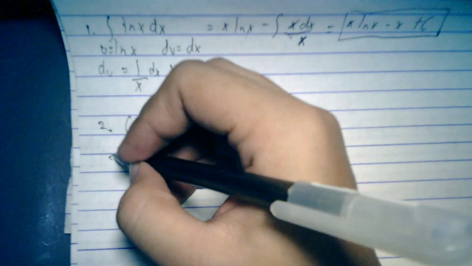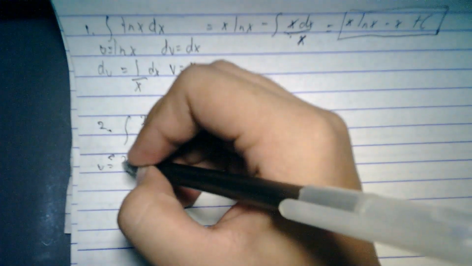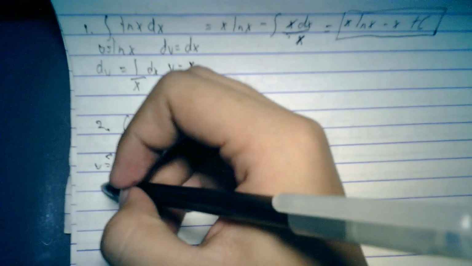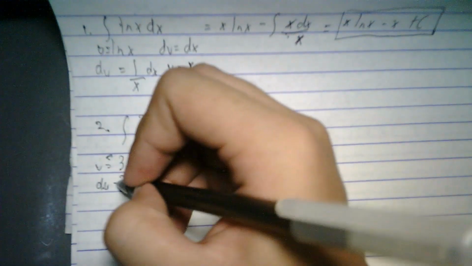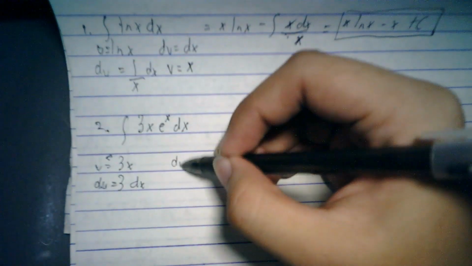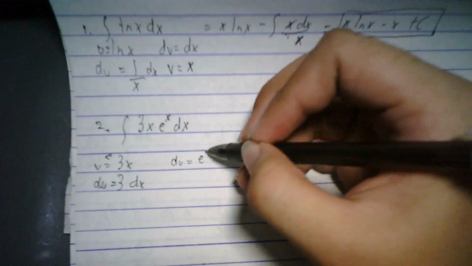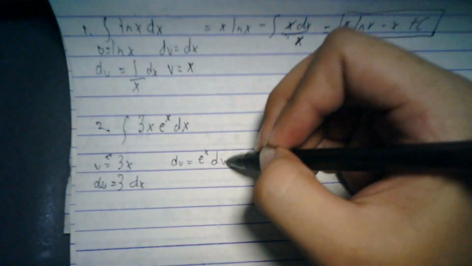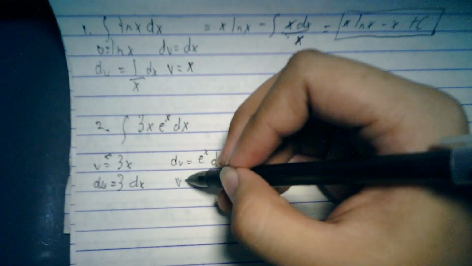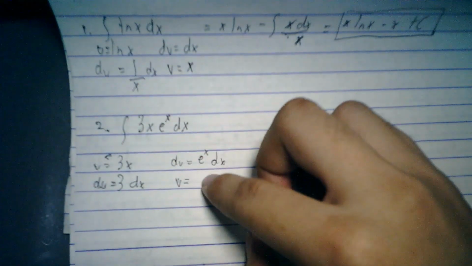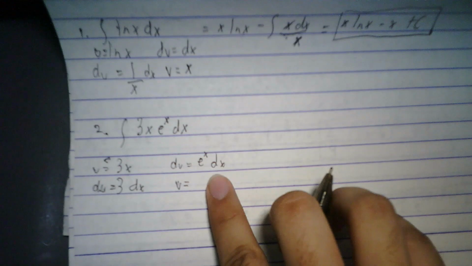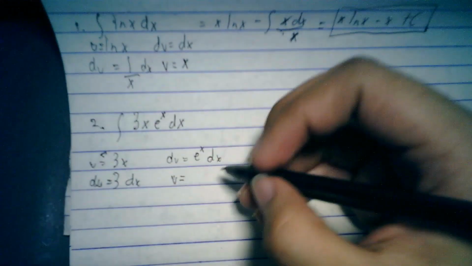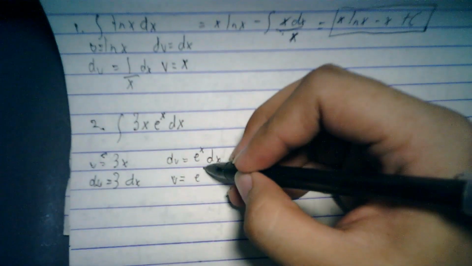First we need to determine the u and the dv here. Our u here is 3x, while its derivative is 3 dx, and our dv here is e raised to x dx, and the integral of e raised to x is just equal to e raised to x.